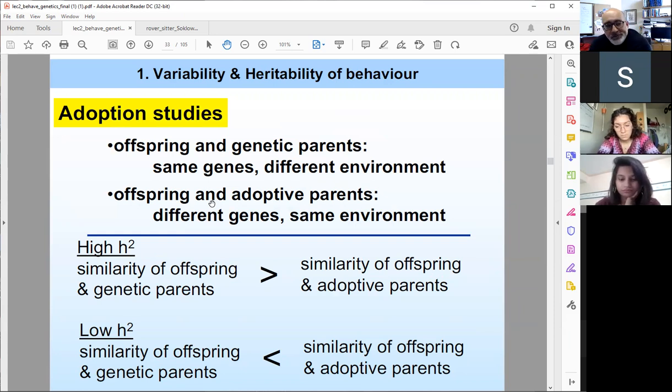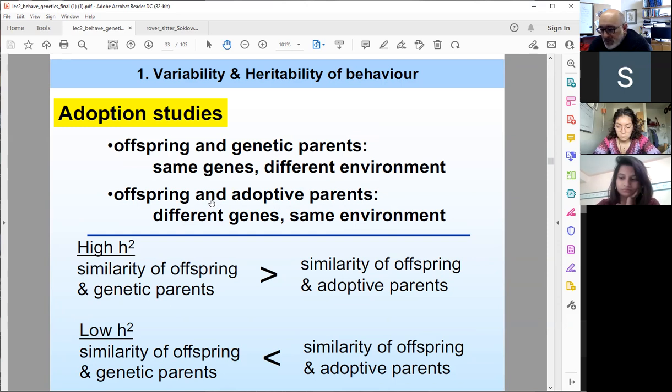And so if behavior, intelligence included, is highly heritable, then if you have a pair of identical twins that have been adopted out, you would expect that they would be more similar to their genetic parents than to their adoptive parents. So that would be the case if these kinds of complex behaviors are highly heritable.